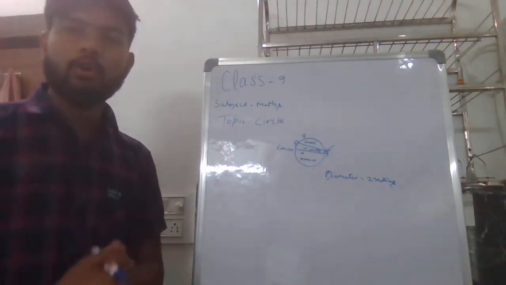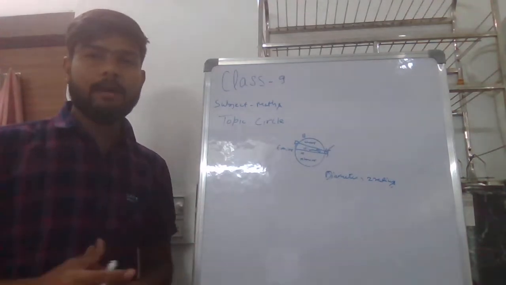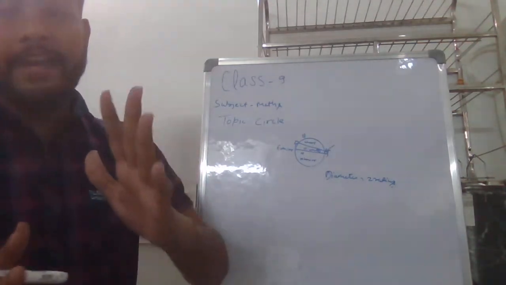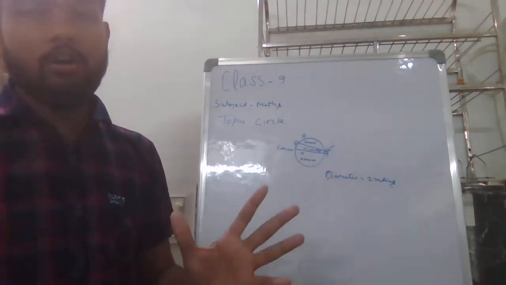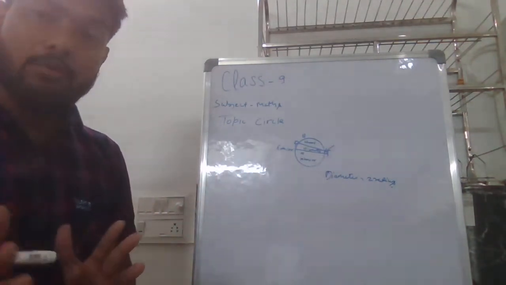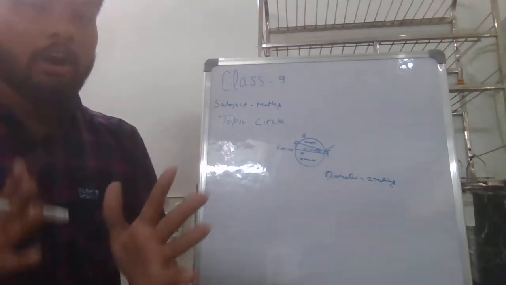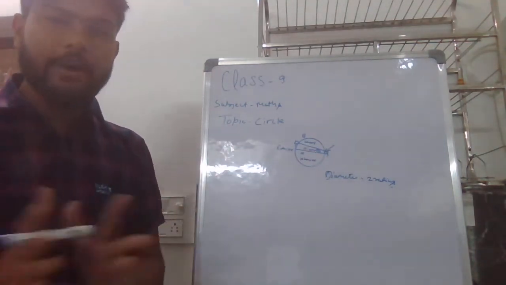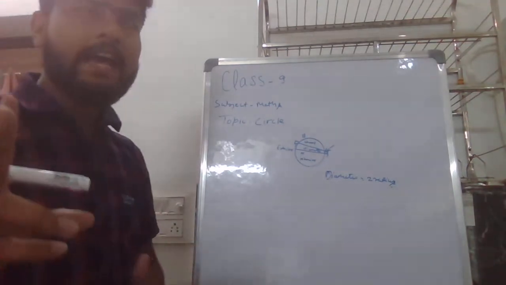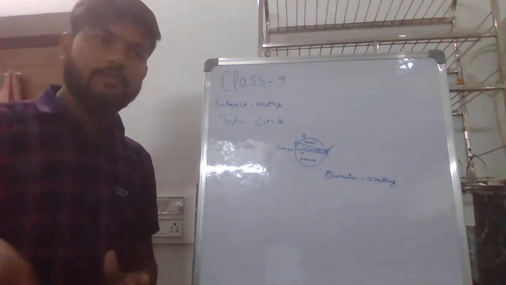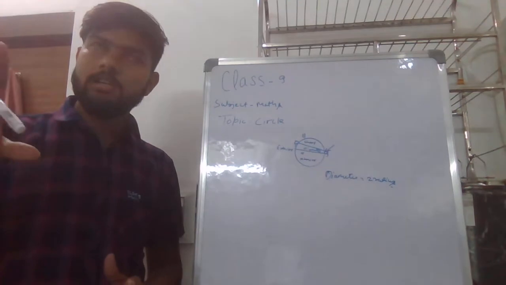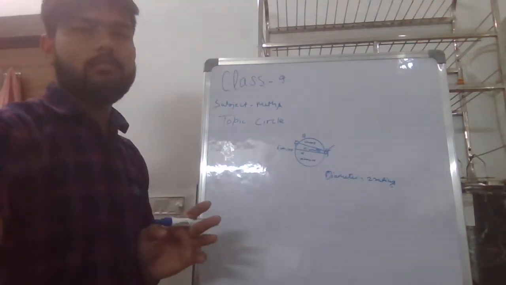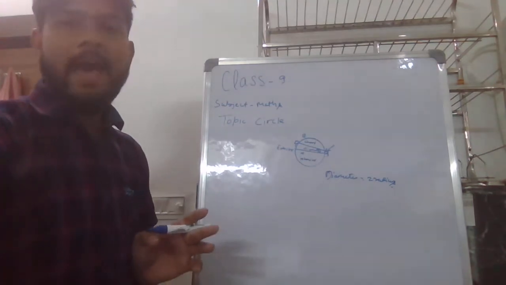Now you have to tell me real examples of this. You have to locate the chord and diameter in those images, and tell me the real example in which the chord and diameter are located. Like the wheel of a bullock cart, which you have seen.